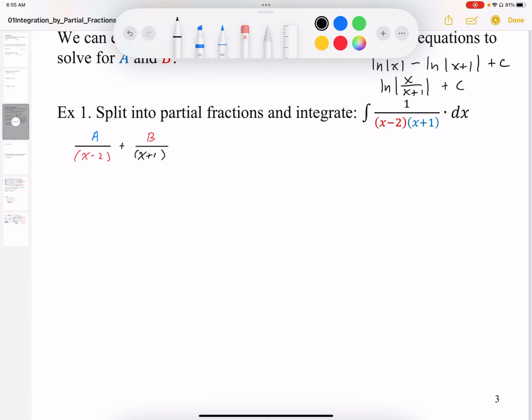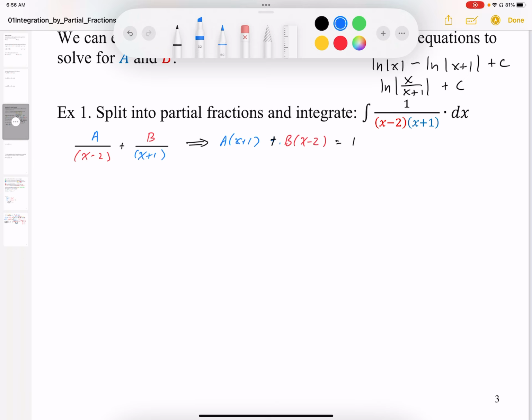All right, so then when we work this out, this is going to end up being a times x plus 1. Let's just make sure I color code that properly. Plus b times x minus 2. And that's going to equal the numerator that we have here, 1.